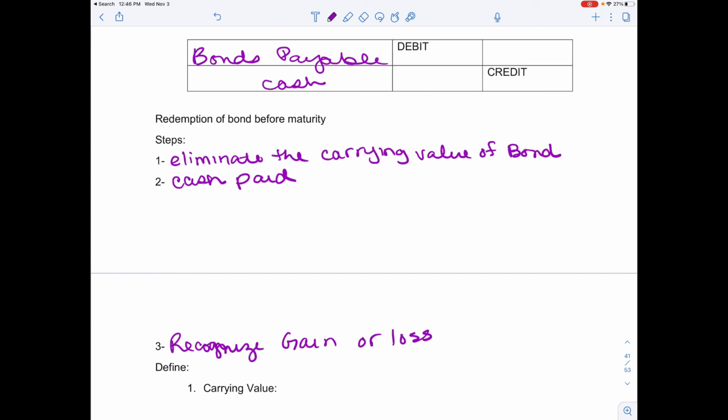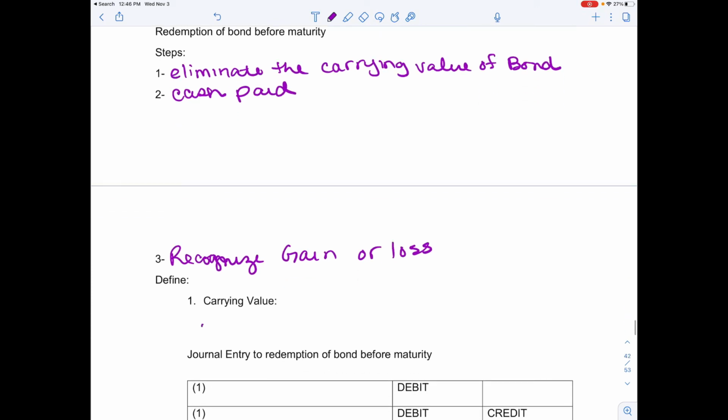So again, that carrying value, that's looking at your face value of the bond. You're going to subtract any remaining bond discount, or you're going to add back any premium.